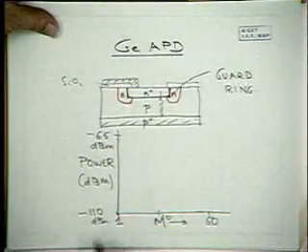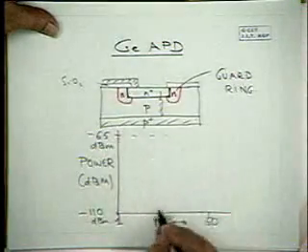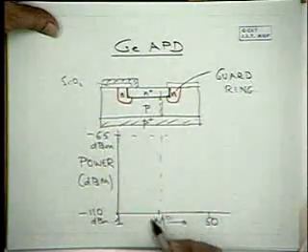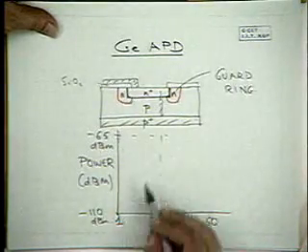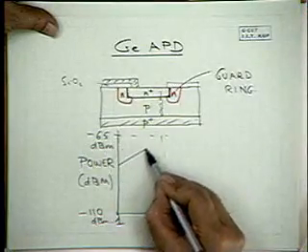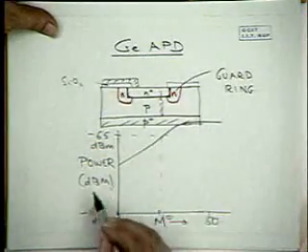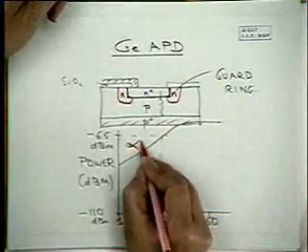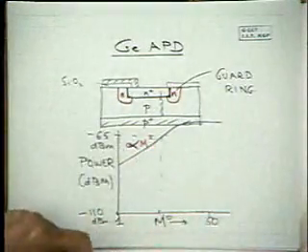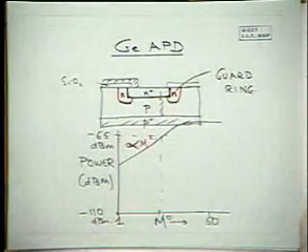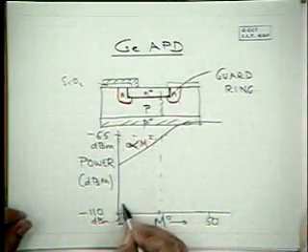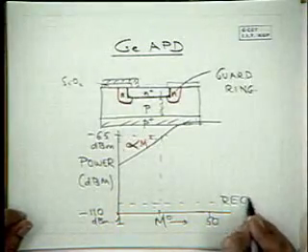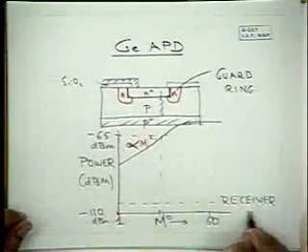As the multiplication factor is increased by applying voltage, the signal goes something like this, proportional to m squared. Whereas there is a background of receiver noise, various sources of noise.